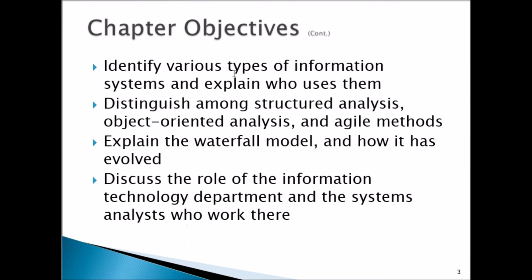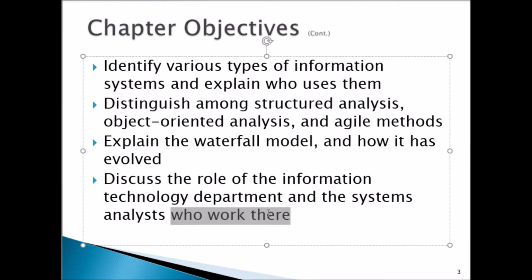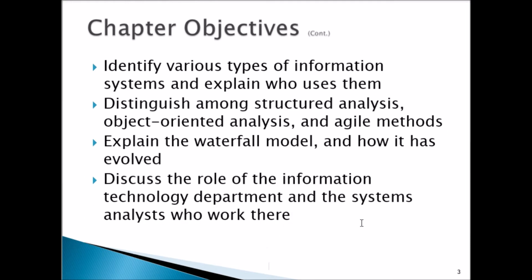We're going to discuss the role of the information technology department and the systems analysts who work there. I think that's an important thing to point out, is who work there. A lot of times I think systems analysts are brought into a situation as consultants, and I think sometimes it's good to have somebody on the ground who knows things and knows the history of the company to some degree.